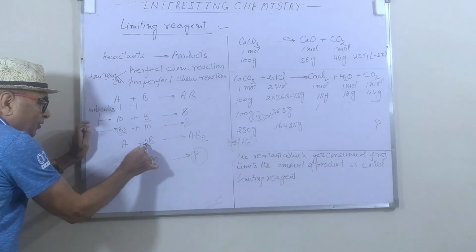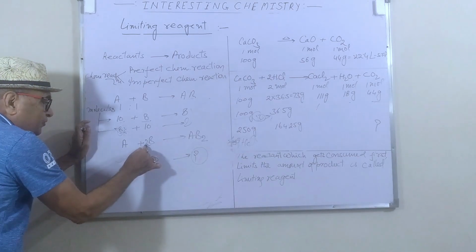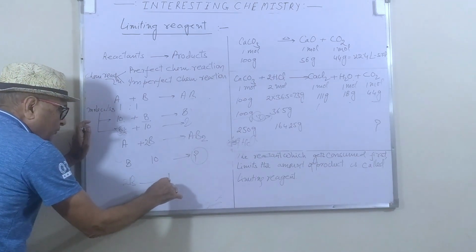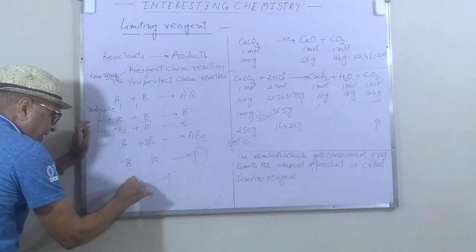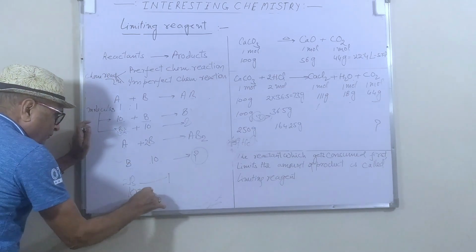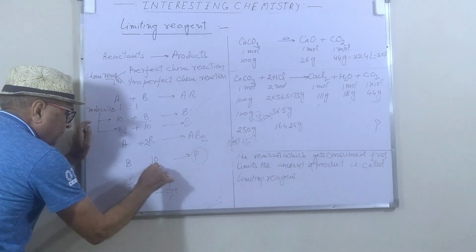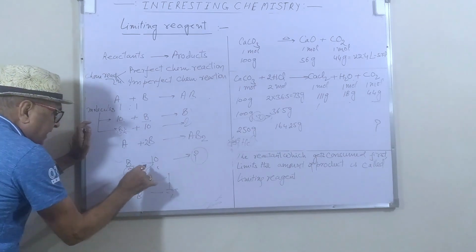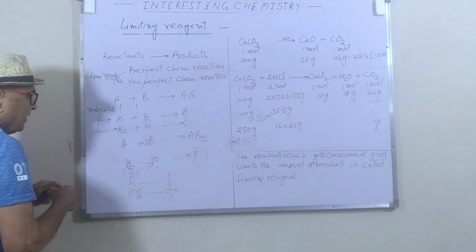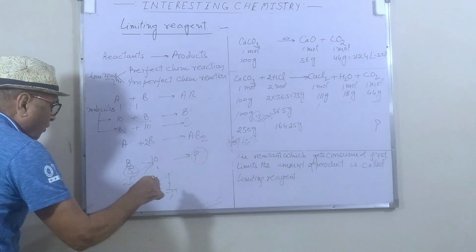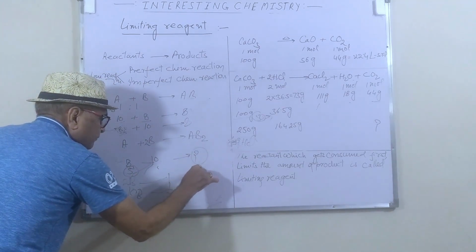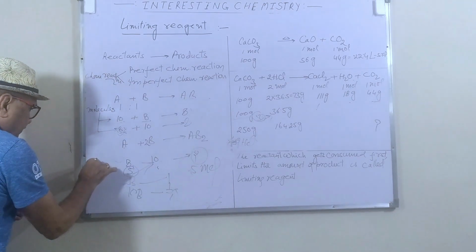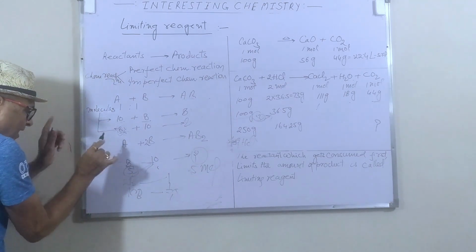Here again, 2 molecules of B require 1 molecule of A, and 10 molecules of B will require 1/2 into 10, so 5 molecules of A will react with 10 molecules of B. So only 5 molecules of AB2 will be formed here, and 3 molecules of A are left unreacted.